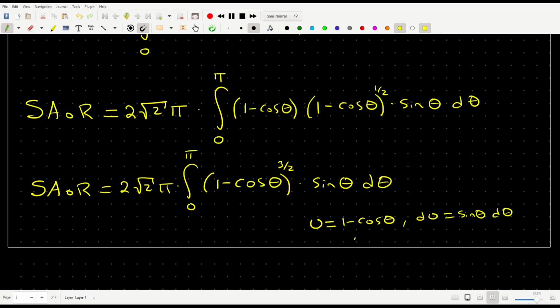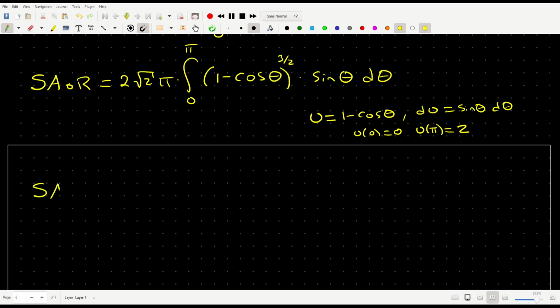And remember, u at theta equals 0 will be 1 minus cosine of 0, which is 1 minus 1, or 0. And u at pi will be 1 minus cosine of pi, or 1 minus negative 1, which is 2.